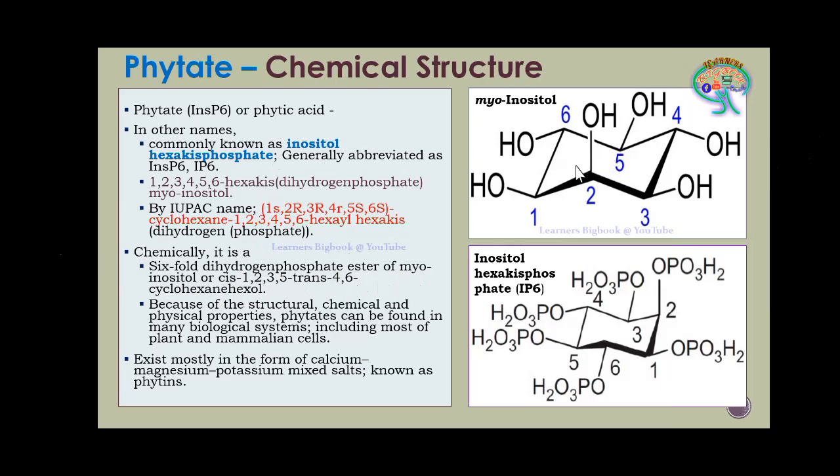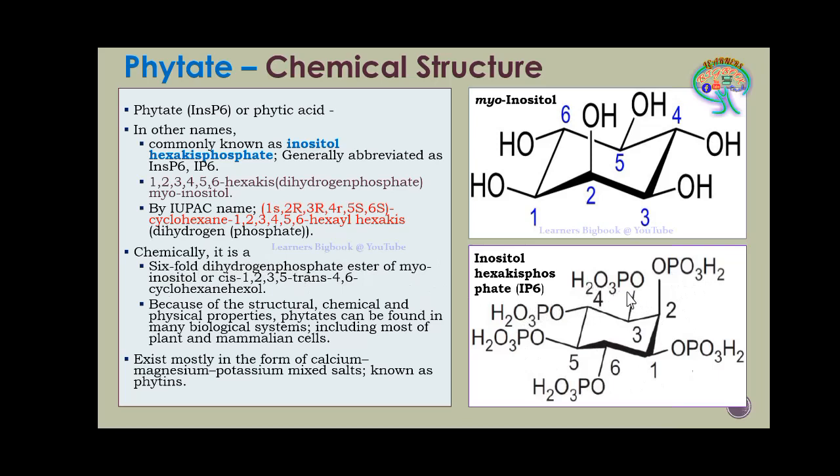These are the names, and here the structure is shown. This is myo-inositol, where no phosphate is bonded. Here you can see all the OH groups are present; only the inositol is present. Now, when you say 6-fold dihydrogen phosphate ester, that is present in IP6. Here this is the inositol core, surrounded by six dihydrogen phosphates.